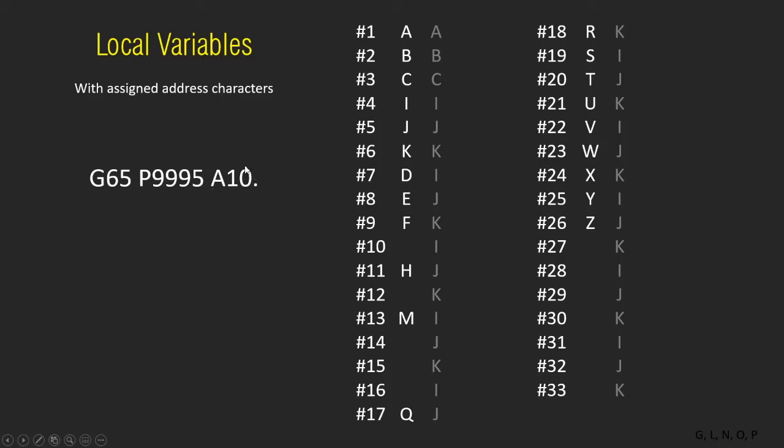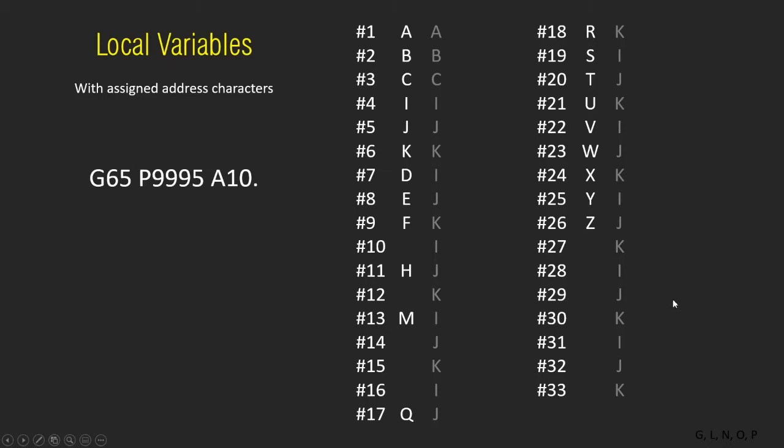So this bit of information, this A10, whatever it is, is going to jump into my 9995 program, and I have that piece of information now, and I can have that do whatever. I can have it jump to a part that touches off a tool or something. Whatever this A actually does, there may be if statements in the 9995 program that make it jump to the part that handles touching off a tool.